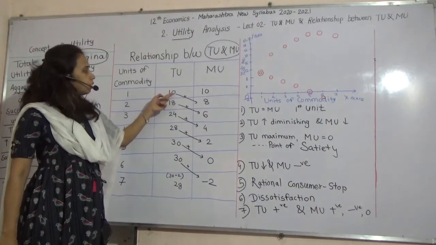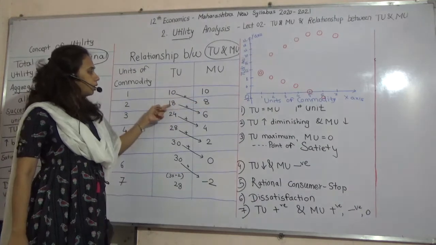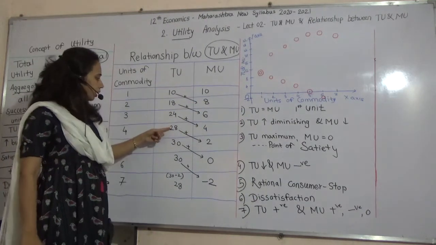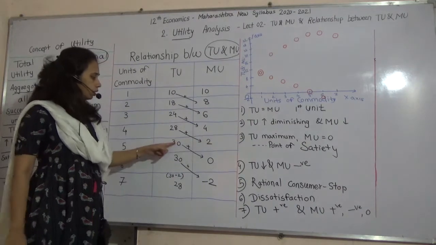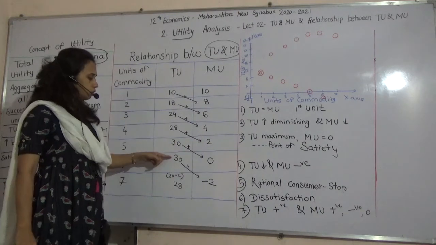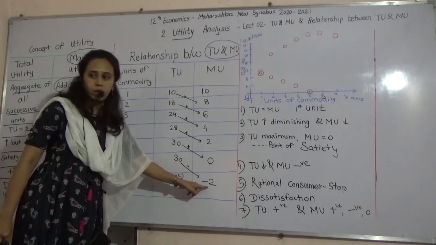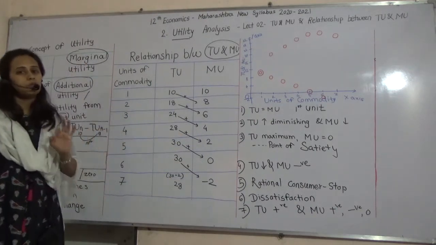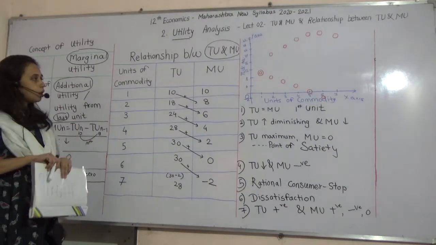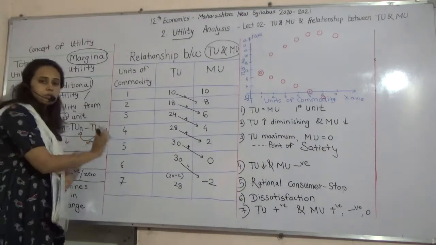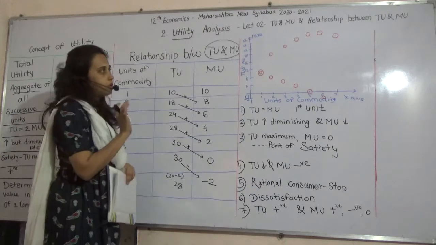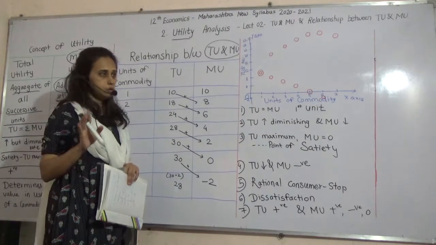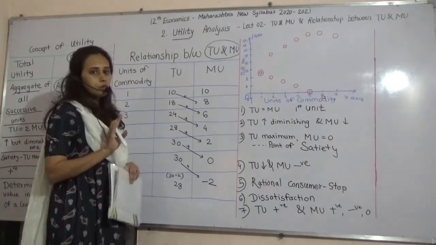Once I get 10, then 10 plus 8, 18, 18 plus 6, 24, 24 plus 4, 28, 28 plus 2, 30, 30 plus 0, 30, 30 plus minus 2, 28. With this I have finished with the table. Now on the basis of the table, you don't need to learn it by heart, you have to remember it, so it will be easy for you.